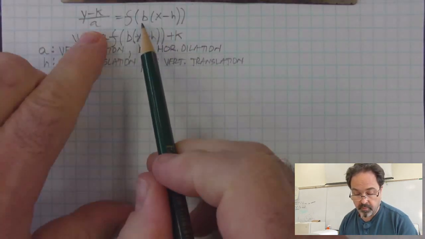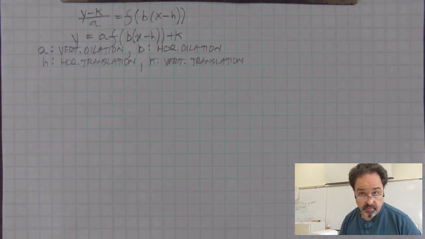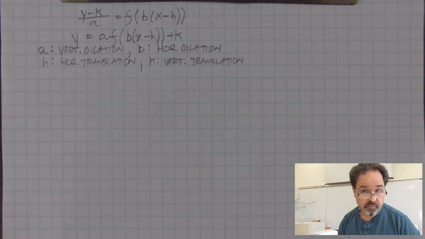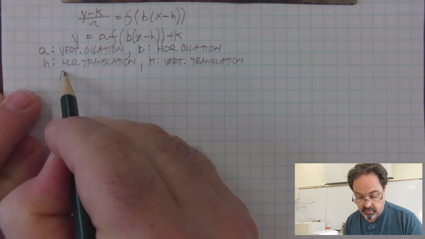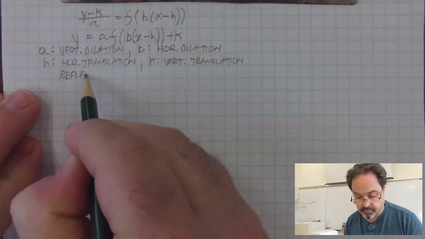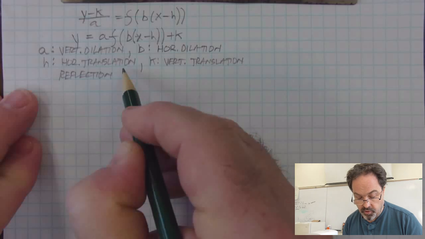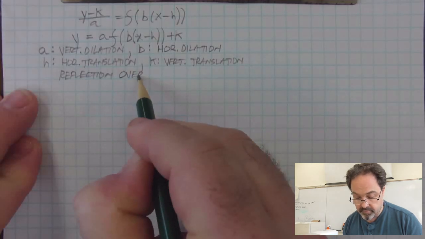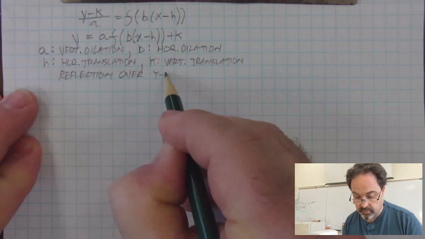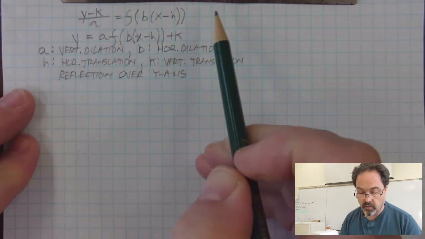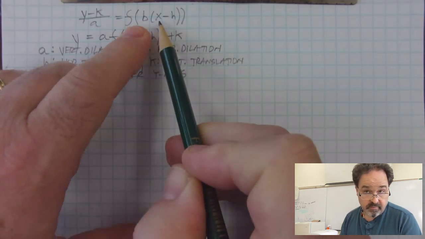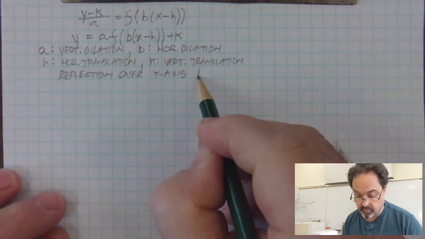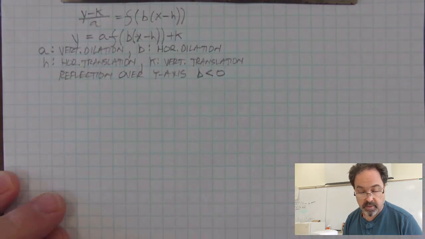If the parameters that multiply or divide our variables are negative, then they perform an additional transformation, which is a reflection. So we can get a reflection over the y-axis when the parameter that is multiplying or dividing x is negative or less than 0, when b is less than 0.